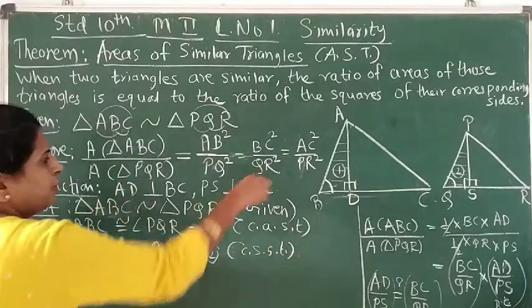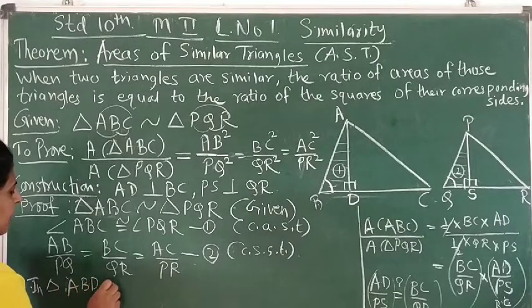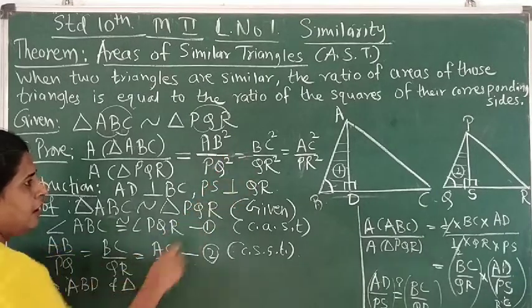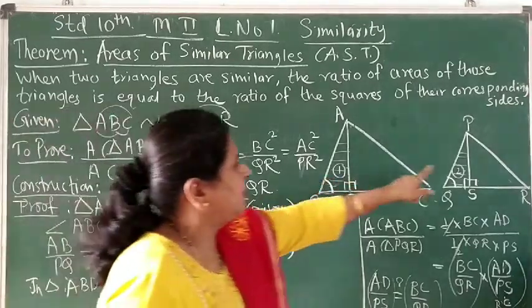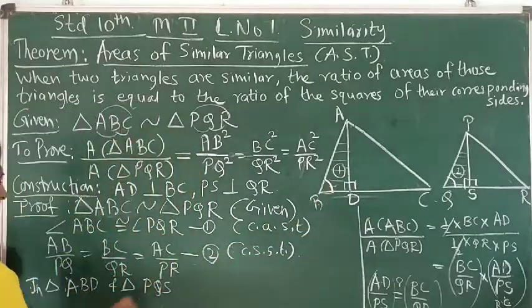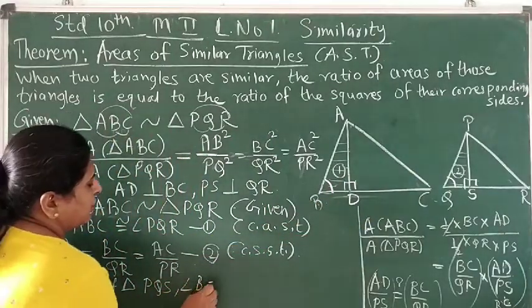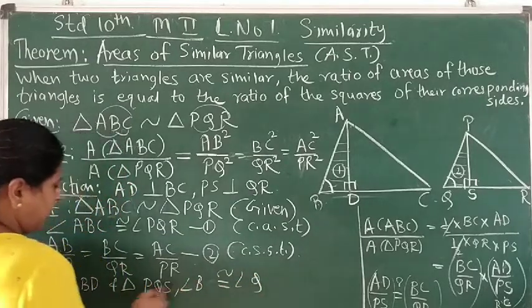Now let's try to prove this triangle. Now in triangle ABD, which we have selected, and triangle PQS, the two shaded triangles, first and second, we are going to prove angle B is congruent to angle Q. Okay, now what is the remaining?